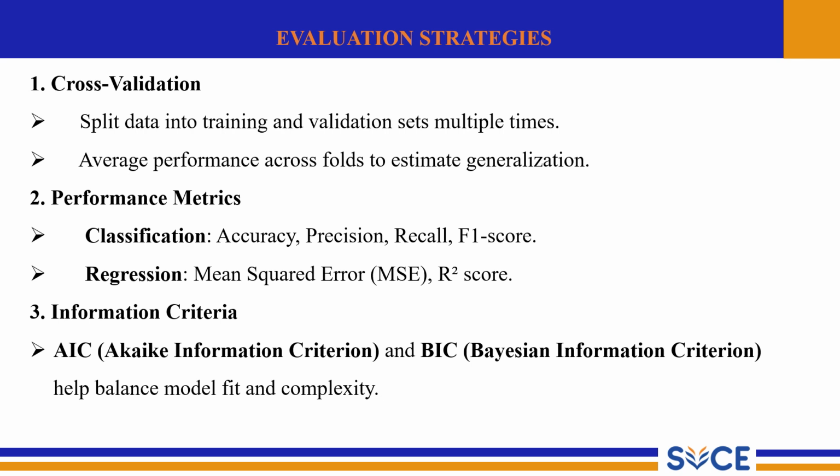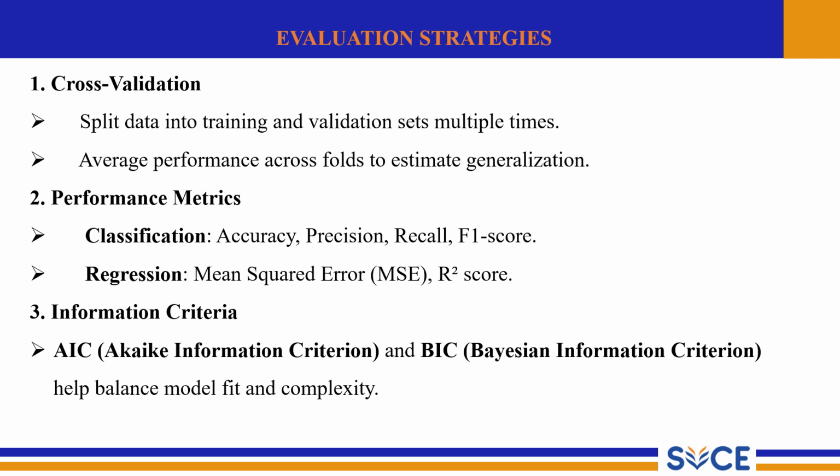We train the model on different subsets and validate it on the remaining data. By averaging performance across these folds, we get a reliable estimate of how well the model generalizes to unseen data.